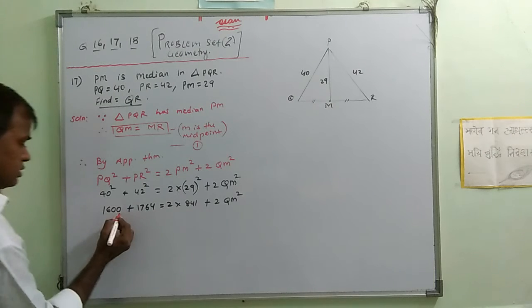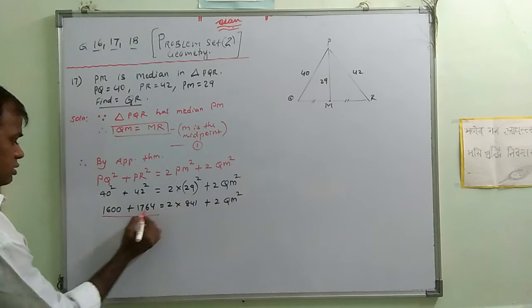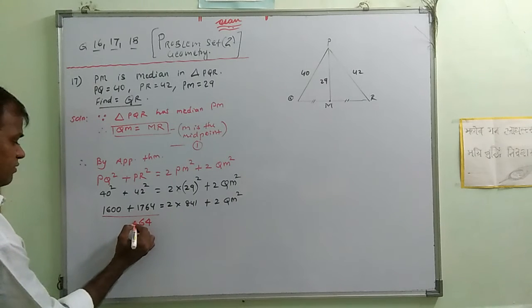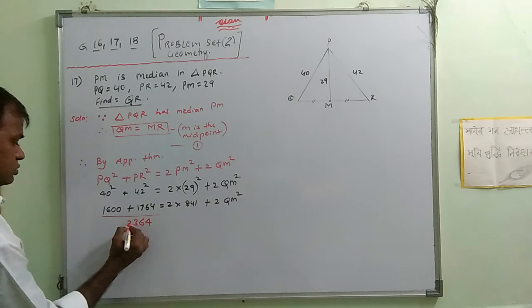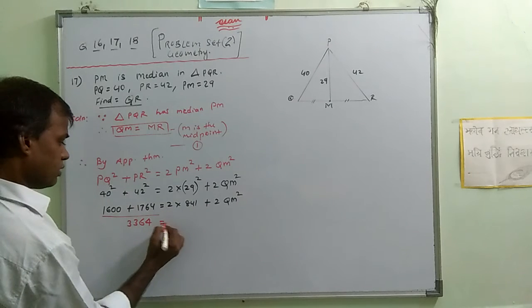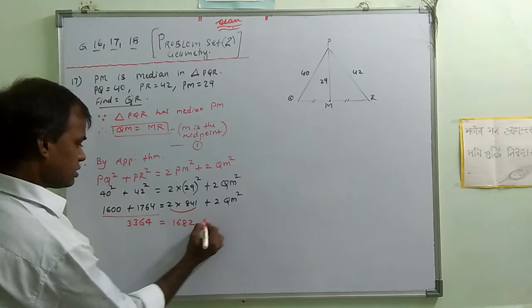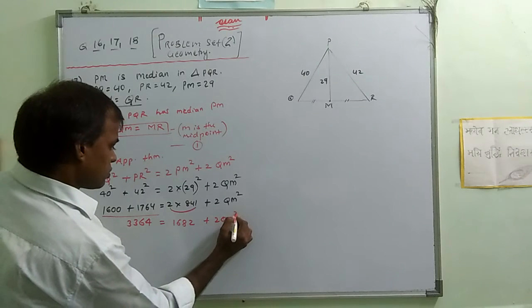Let's add them. 4, 6, 7 plus 6, 13, 112 becomes 3364, equals 2 ones are 2, 2 fours are 8, 2 eights are 16, plus 2 QM square.